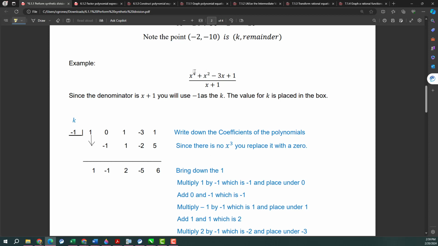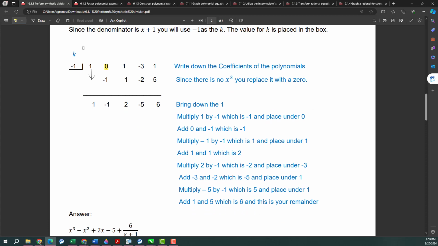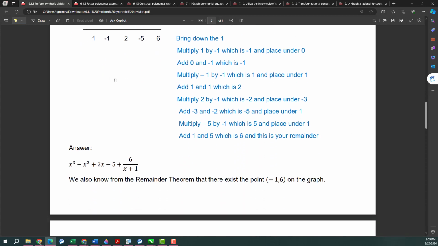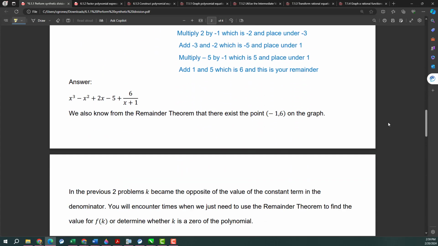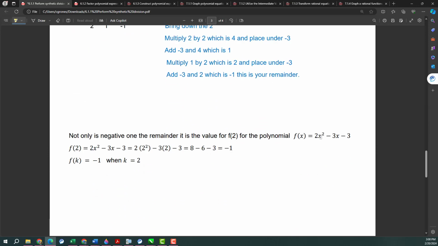So we don't have anything for x cubed, so you will put a 0 there. And here's the answer, and then similarly, there's a point on the graph.